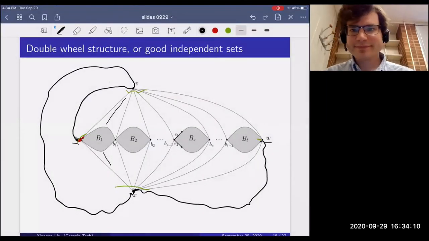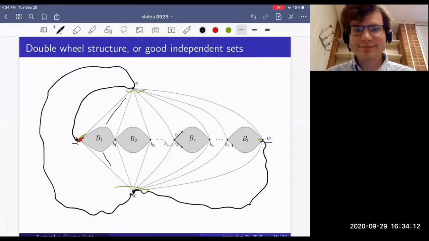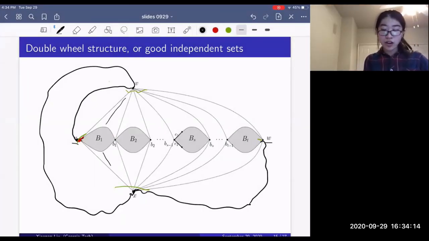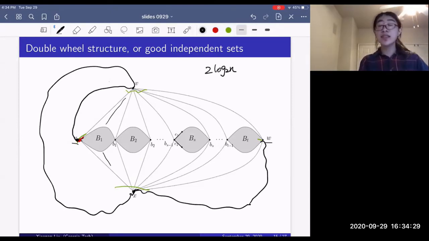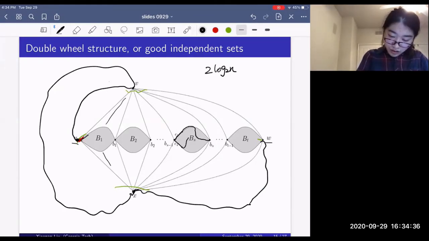Oh, okay. Sorry. So here we have a lot of blocks. If we have 2 log 2n blocks that contain some vertices, we know there are two Hamiltonian paths between B(s-1) and B(s).